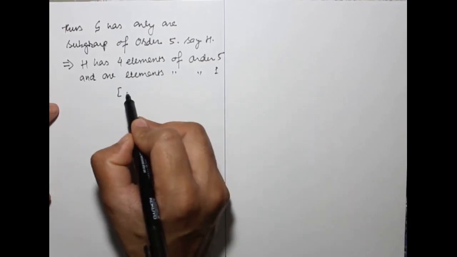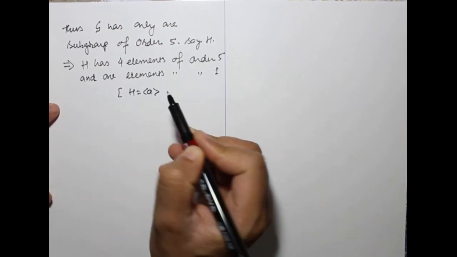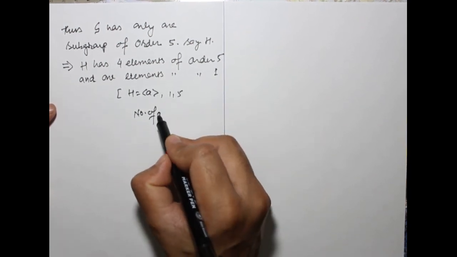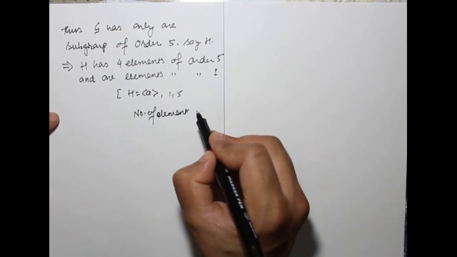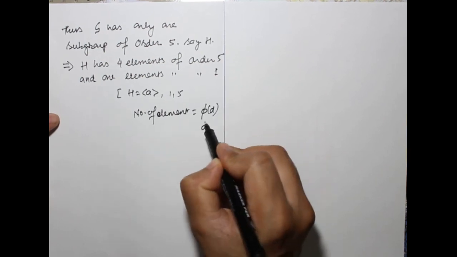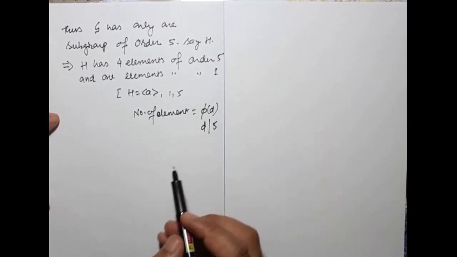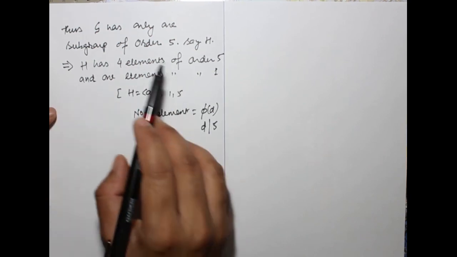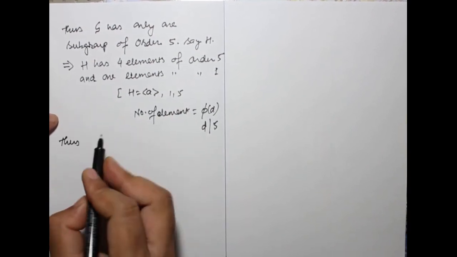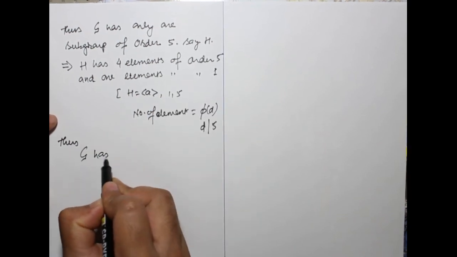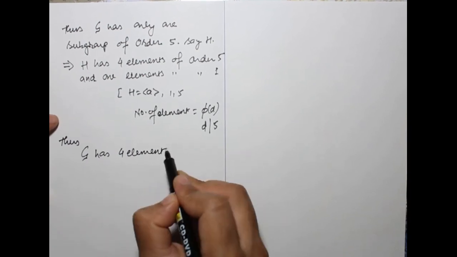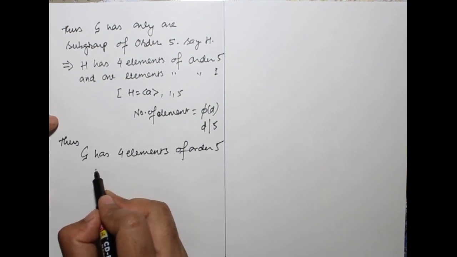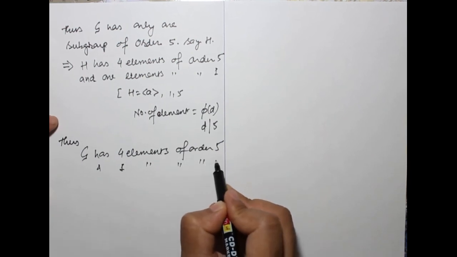This is because H is a cyclic group of order 5, and the number of elements of order d equals phi(d), where d is a divisor of 5. Therefore phi(5) equals 4. So we write thus: G has 4 elements of order 5 and 1 element of order 1.